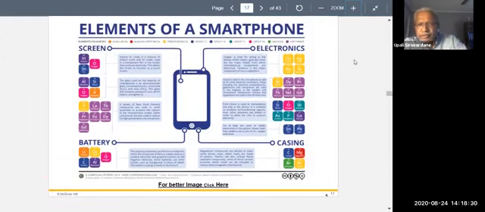The electronics are made out of wiring material made out of copper, silver, gold, and some of them include tantalum. And then the microphone is made out of certain metals which create a vibration.